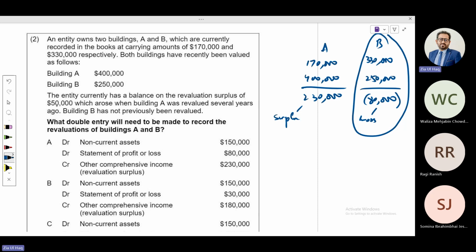The entity currently has a balance on the revaluation surplus of 50,000, which arose when building A was revalued several years ago. So the opening balance of revaluation surplus relates to building A, not building B. That will remain there, and we need to add 230 more. Building B has not previously been revalued. This means this 80,000 should be charged to profit and loss account.